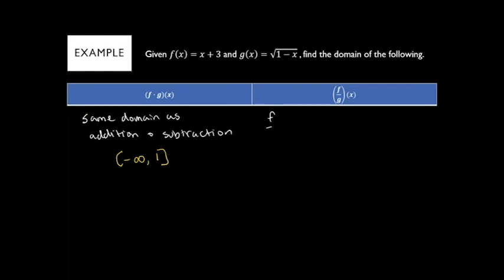So we have this f over g of x, which is equal to x plus 3 over the square root of 1 minus x. And we know that the domain of f is all real numbers.